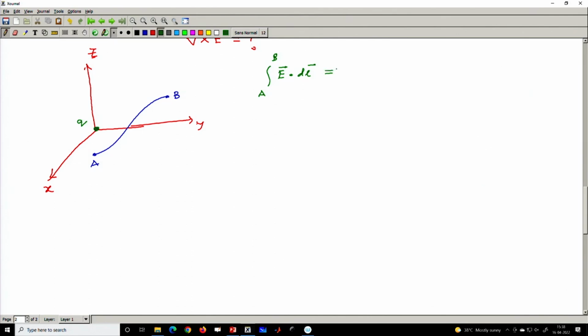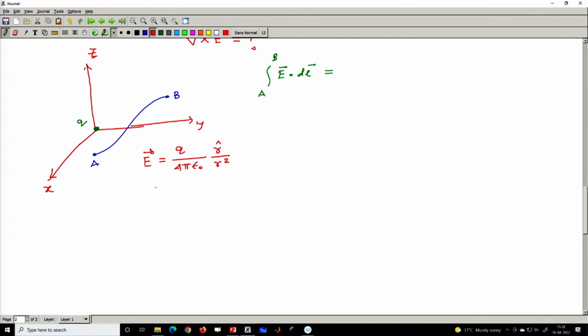Because of the placement of the charge, the electric field that we will have in this space is, in vector form, Q divided by 4 pi epsilon 0, and then r unit vector divided by r square.